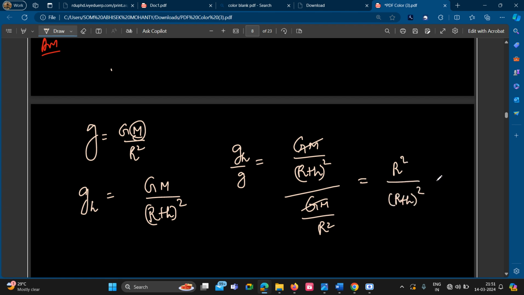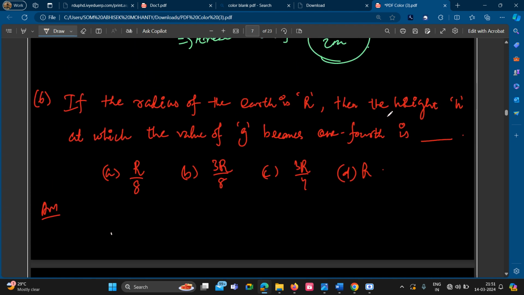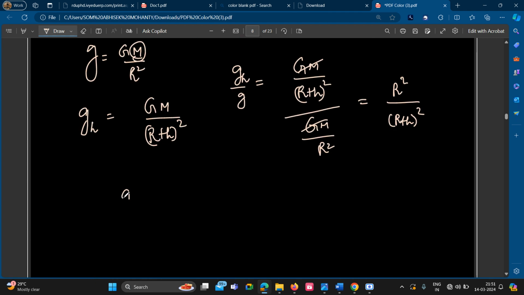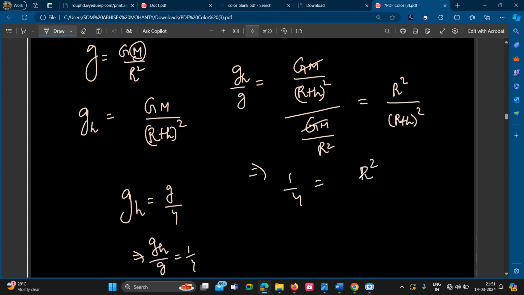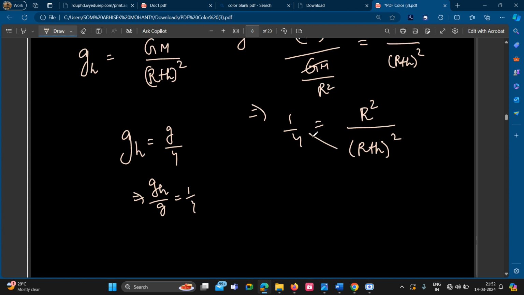And what is given in the question? The value of g becomes one fourth at height h. That means gh becomes one fourth of g, so gh by g is equal to 1/4. So 1/4 is equal to R square by R plus h whole square. Cross multiplying, R plus h whole square is equal to 4R square.